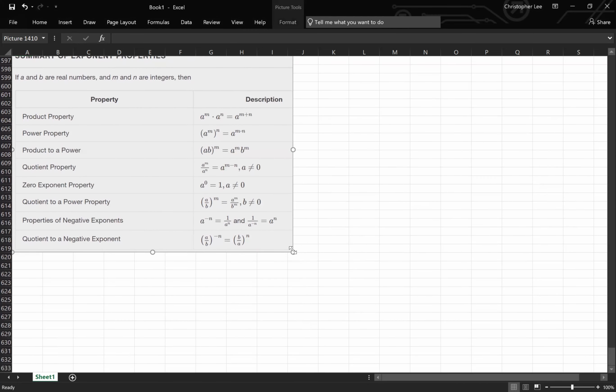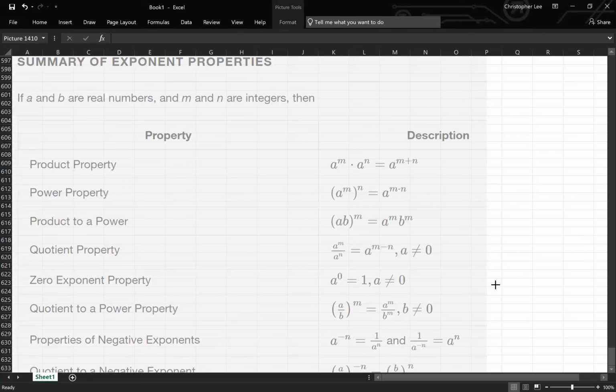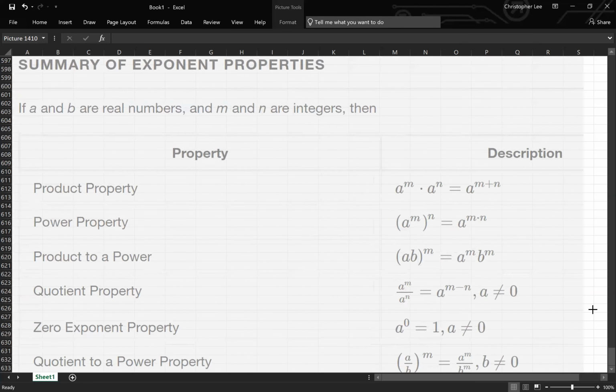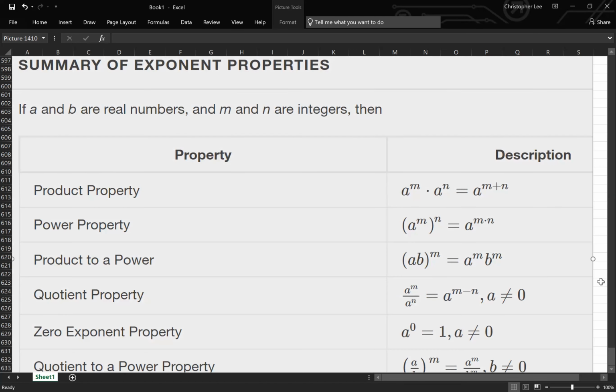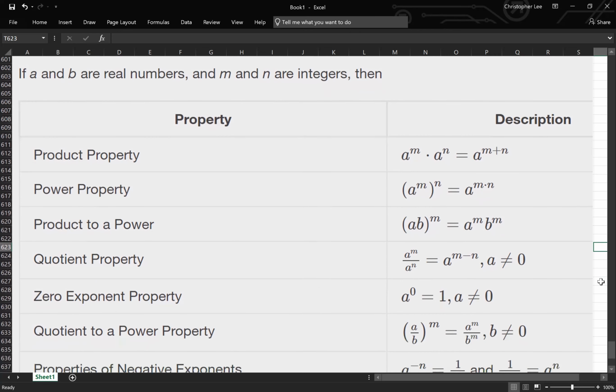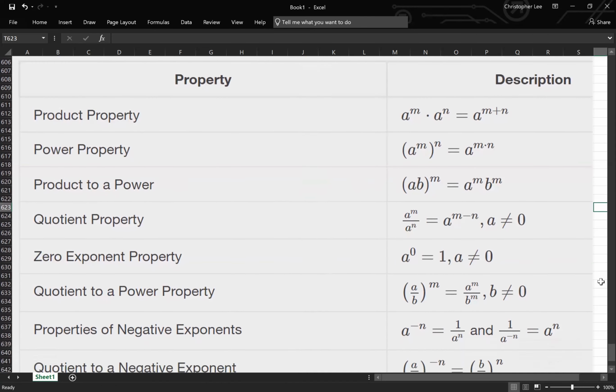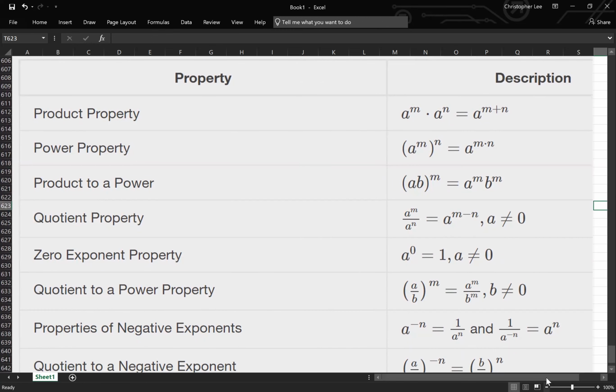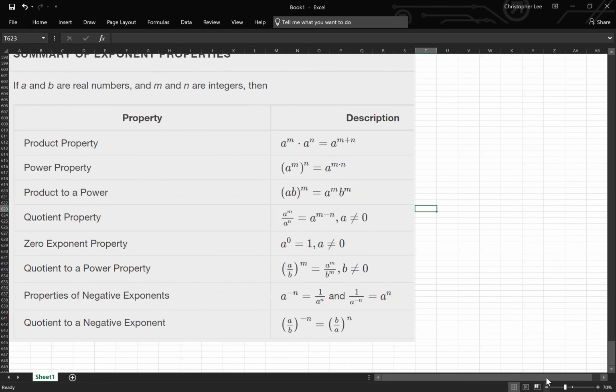This is everything. This is the sauce. This is all put together. Everything that we did so far, right? So summary of exponent properties. If A and B are real numbers and M and N are integers, then there's a property and its description. I'll make this a little bit smaller so we can see it all.